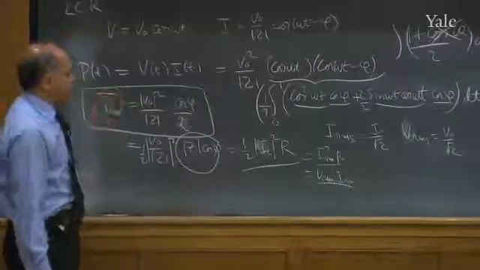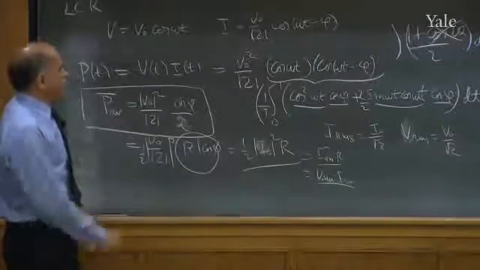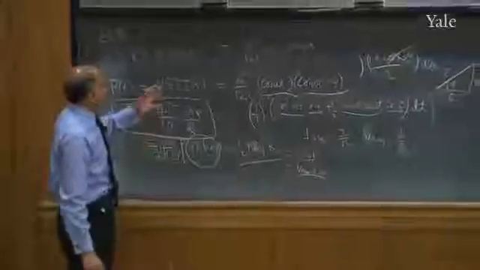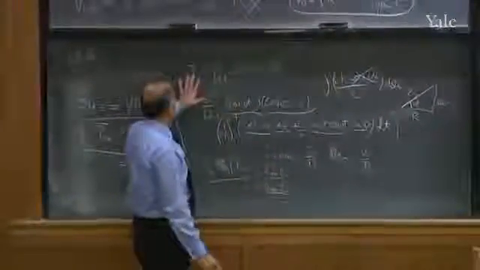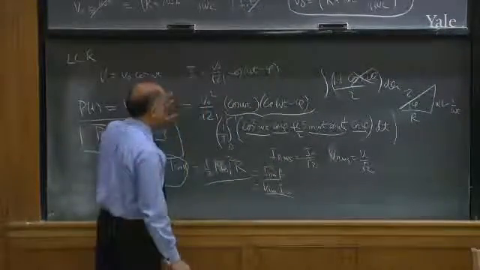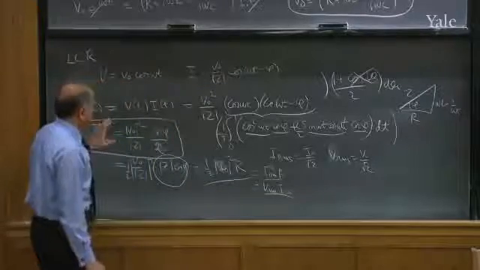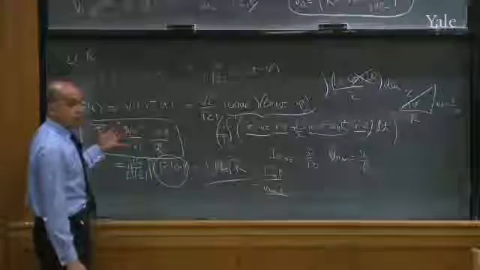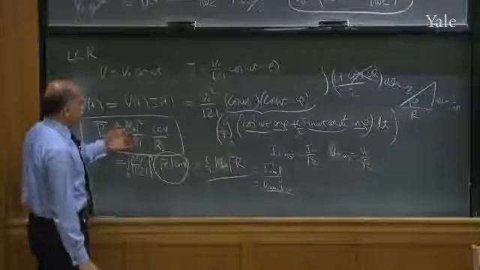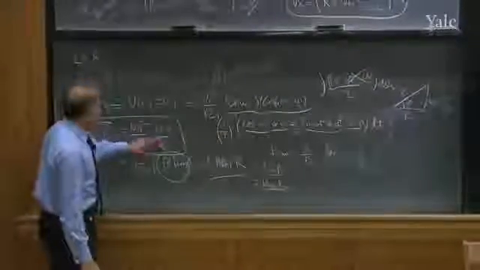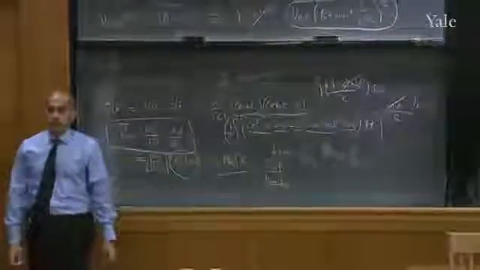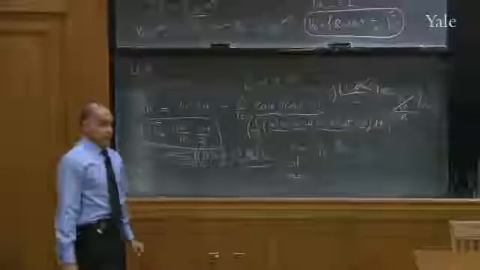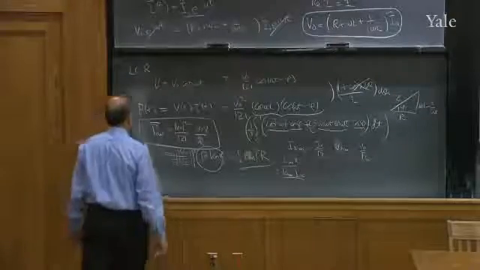Now, RMS means root mean square. There's a reason why for a trigonometric function it's got a number which is 1 over root 2 times the amplitude. But I don't want to go into that because we don't use it again. Main thing to know is if you want, you can redefine a new quantity, V naught over root 2 and I naught over root 2, so that these factors of 2 disappear. And things look like the good old days of resistive circuits.